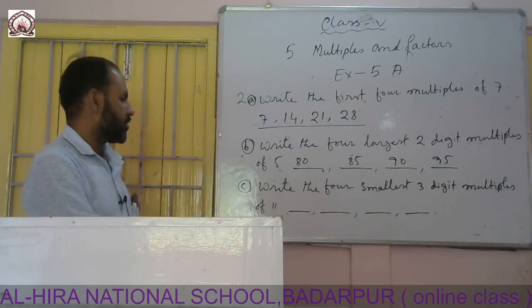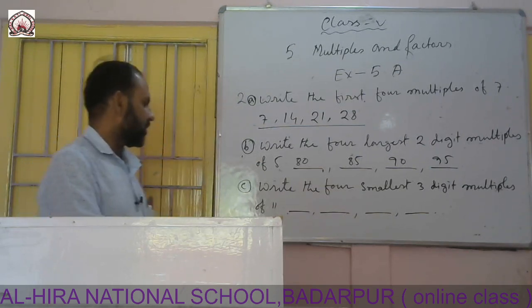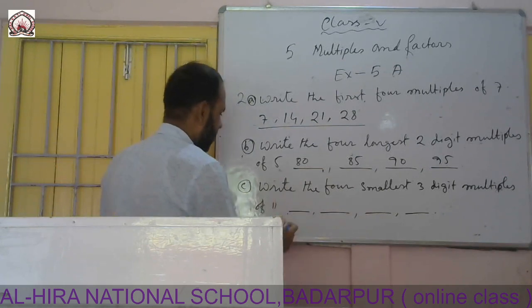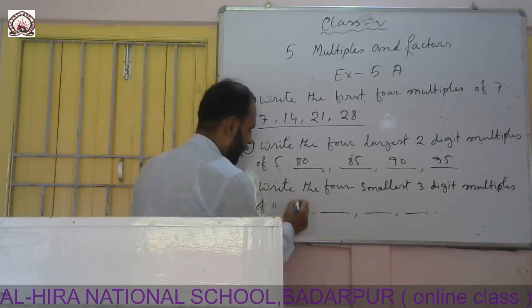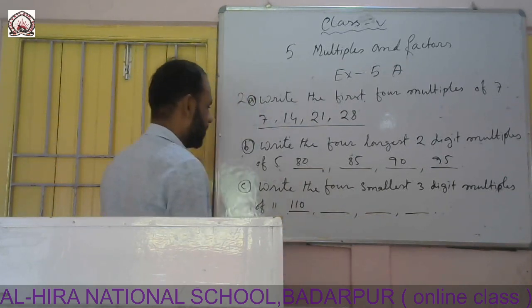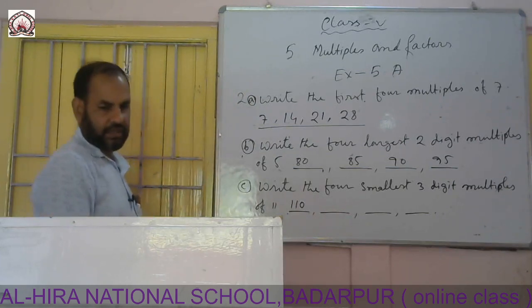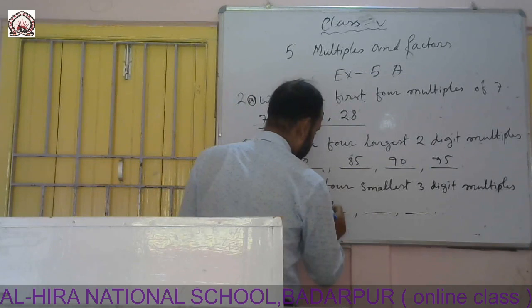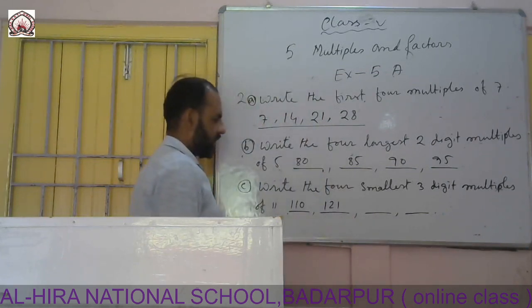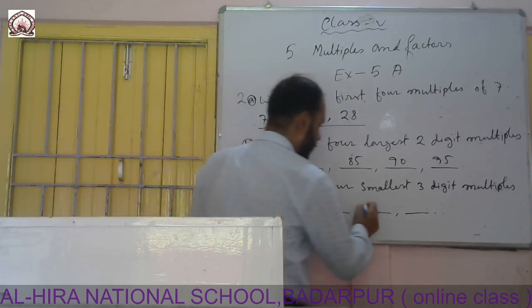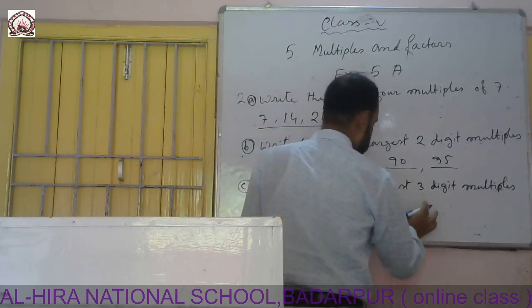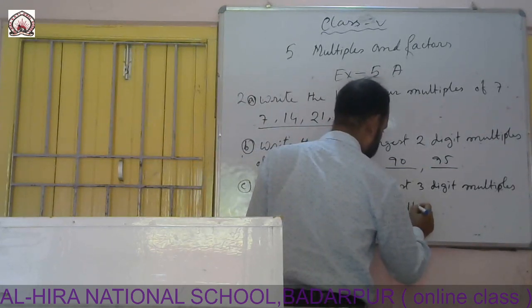It is smaller, a 2-digit number, so we skip this one. Then 11 tens are 110. It is the smallest. Next, 11 elevens are 121, 11 twelves are 132, and 11 thirteens are 143.